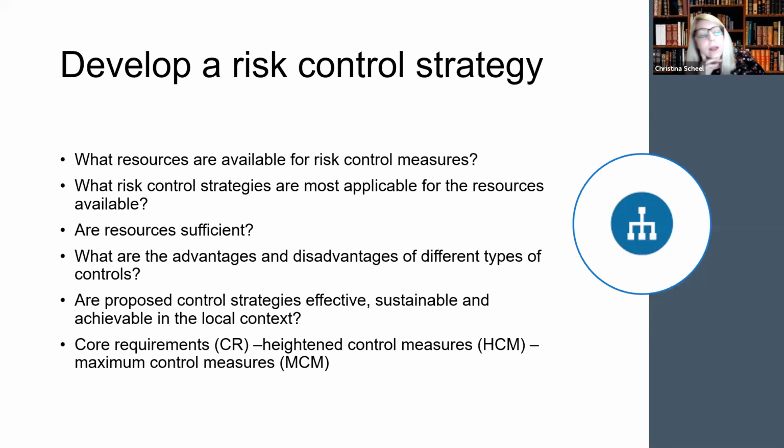And finally, are there any requirements or regulations that would mandate that you use specific control measures? Also, you need to consider whether you'll be working with core requirements, as I showed in the previous graph, heightened control measures, or maximum control measures once controls are applied.